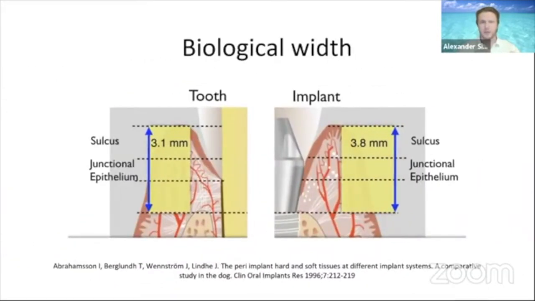And of course, we need to understand biological width because when we make a prosthesis on an implant, we need to get a biological width of 3.8 millimeters. If that level is less than 3.8 millimeters, we will get bone remodeling and some gingival recession in the future.